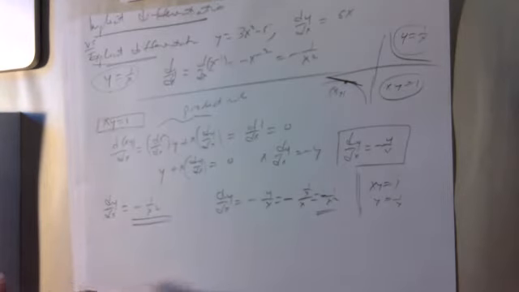So the idea in implicit differentiation is you sometimes have some expression. So here's an example. You have a curve, y cubed plus y squared minus 5y minus x squared equals minus 4.